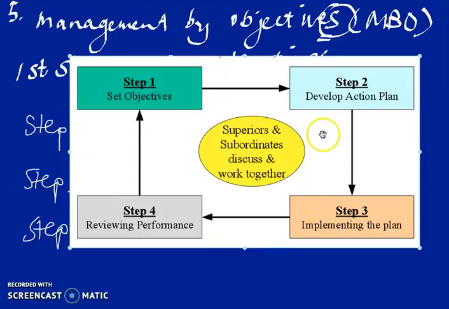So basically, the PIE is an ongoing process of discussion among managers and subordinates. And this cycle might repeat if the workers have achieved the goals or there are new objectives to be set. So this is a cycle.